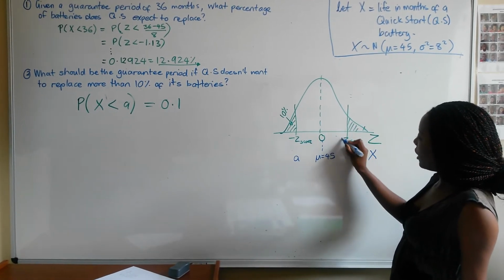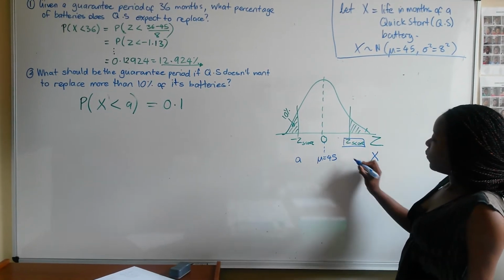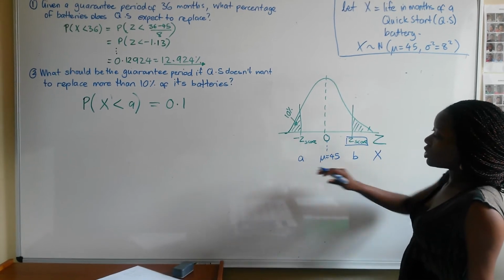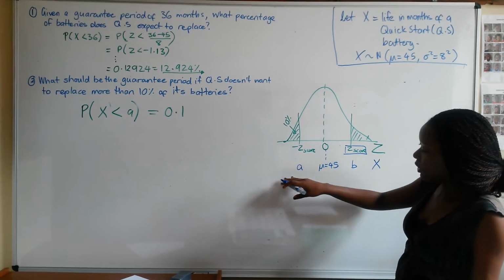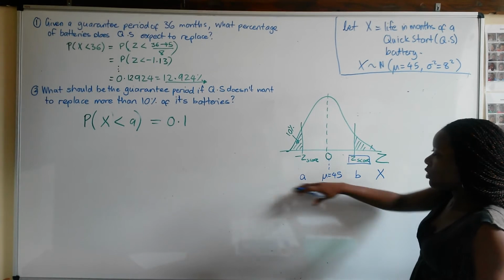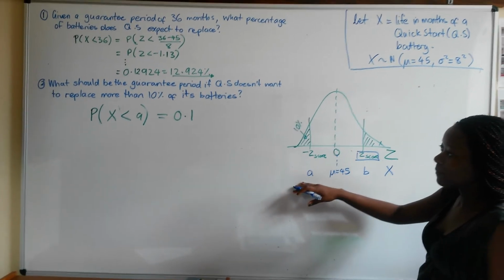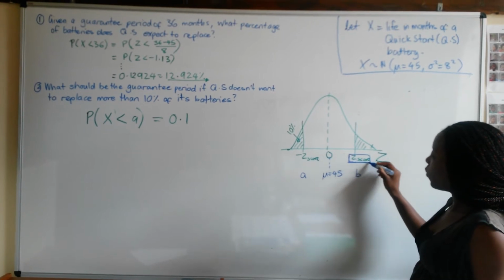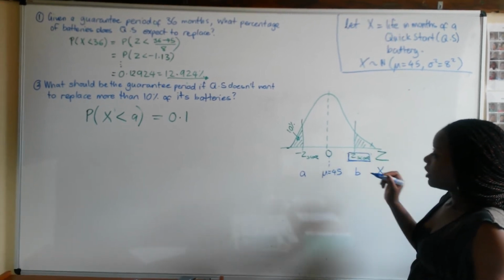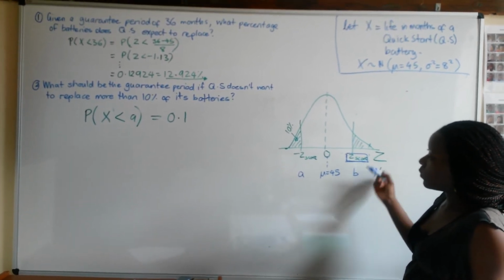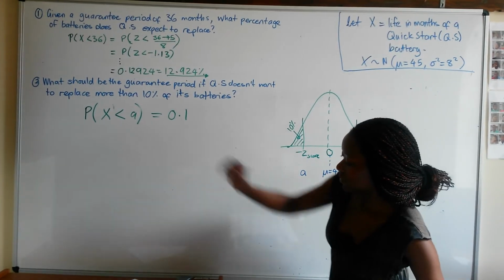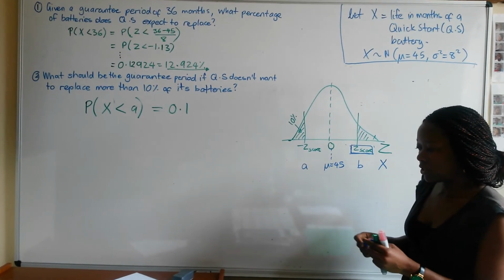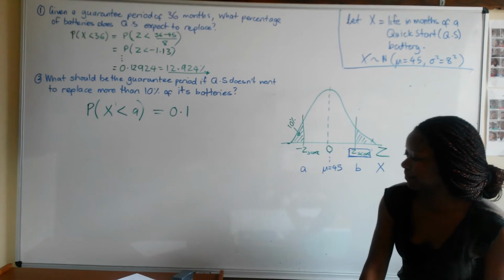So if we need to find the positive Z score here, we're going to have to find some other number B, which isn't necessarily the same as A, because X is just positive numbers, it's just months. So first of all, on the side, we need to find what's the positive Z score, okay? Once we have a positive Z score, we change it to a negative so that we can find A. So let's do that first.